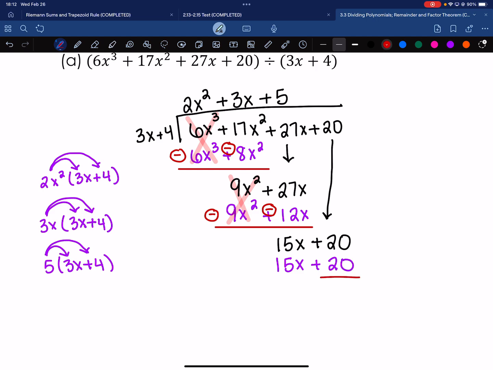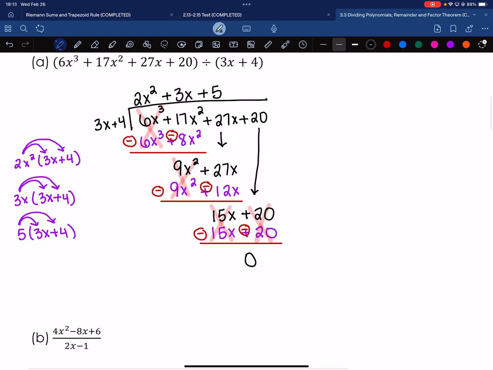Again, draw your line. Change all your signs. 15x minus 15x cancels. 20 minus 20 also cancels. So we're left with a remainder of 0, which means it divides evenly. That makes sense. So this would be your remainder, which is 0, so that's a good thing.